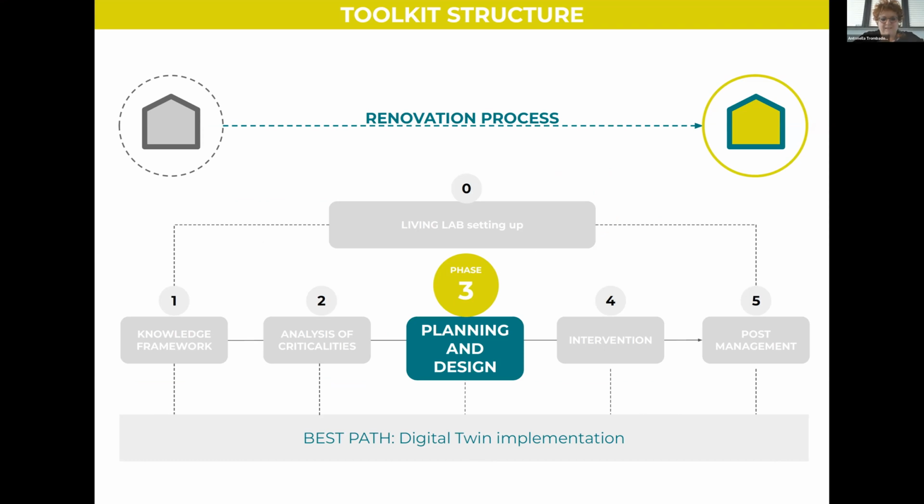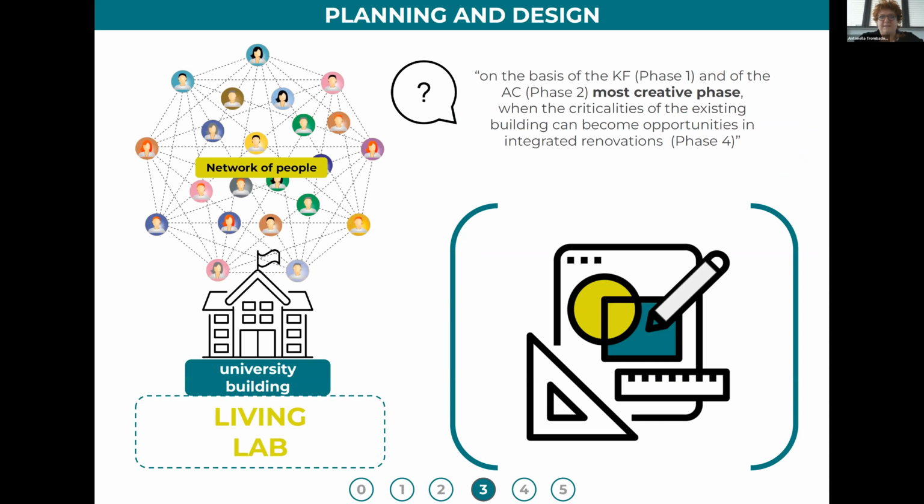I think it is the heart of the renovation process because based on the knowledge framework phase and the other analysis of criticalities, now we have all the data and we have the real knowledge of the building. So it is possible to start with the most creative phases of planning and design.